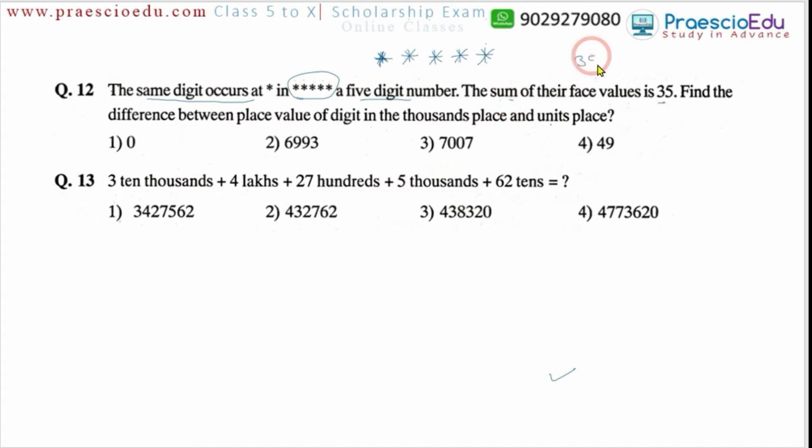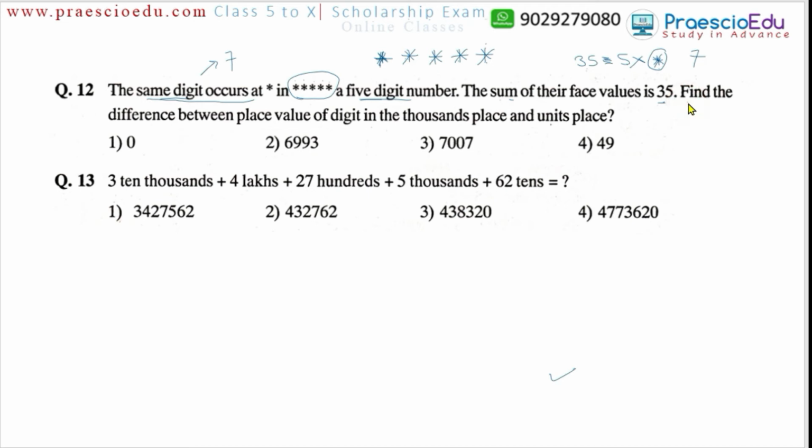So 35 is equal to 5 multiplied by this same digit, the star. So 5 multiplied by something gives the answer 35. Which number multiplied with 5 gives 35? 7 multiplied by 5 gives 35, so that's why the star is 7.